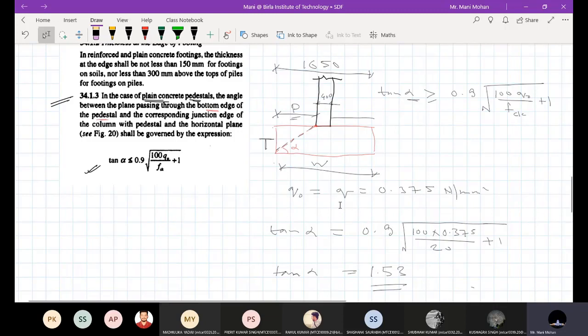And if you look into this P, if I want to reduce this P, why don't I increase the stepping size in the brickwork? Instead of 400 mm, say if I provide 500 mm, a bigger, thicker brickwork, then obviously my projection is going to reduce. Is it not? If, rather than 400, I provide 500, what is going to happen?